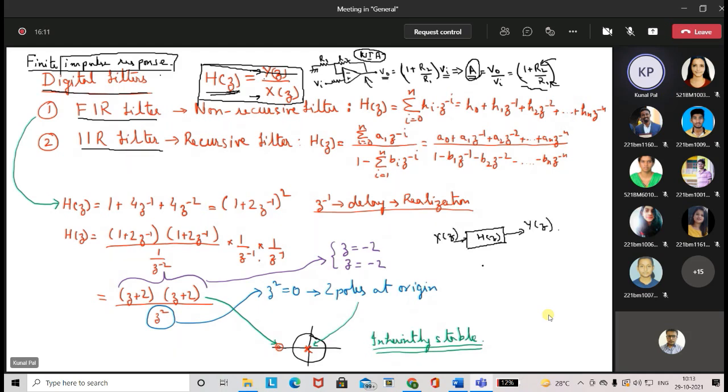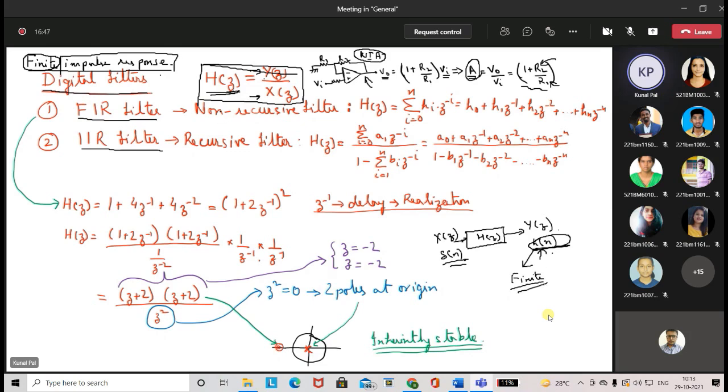Now, if in the input I give delta n, in the output I get h(n), and this h(n), due to this delta n, is the impulse response. When we have this word finite associated here, it means the length of this h(n) is finite.